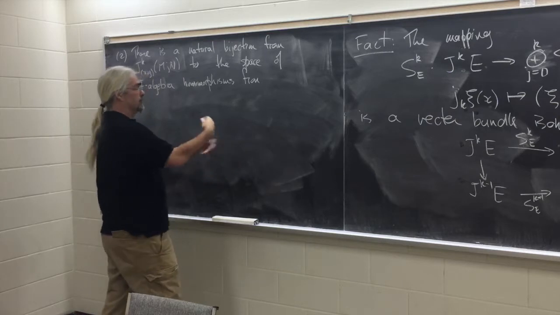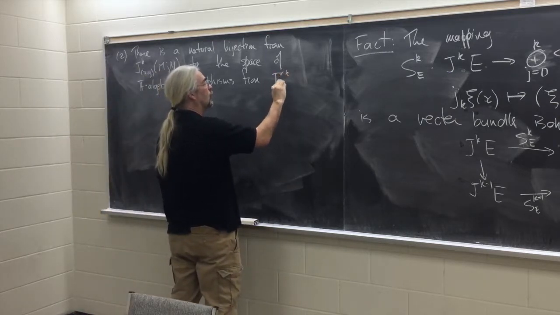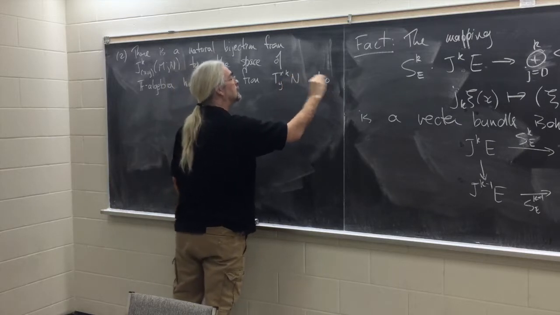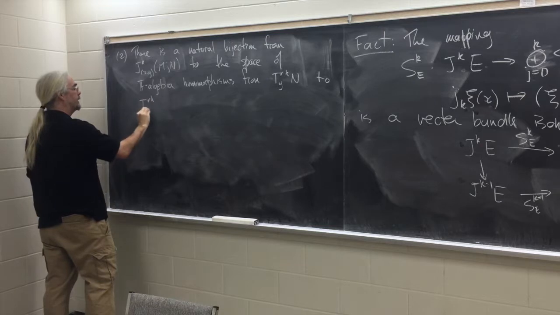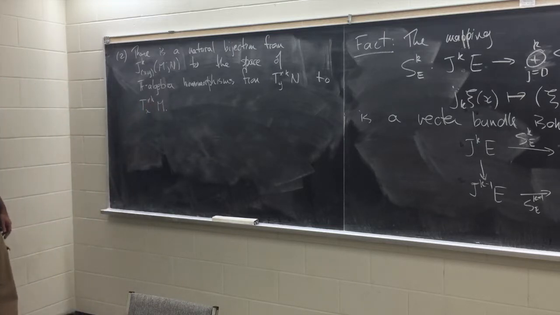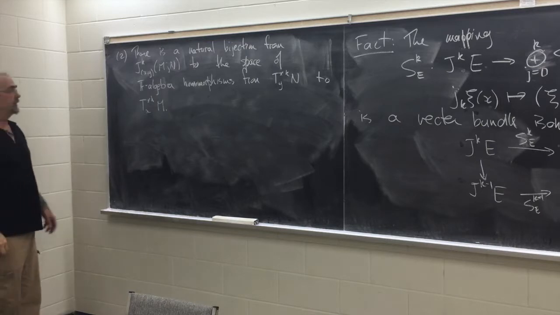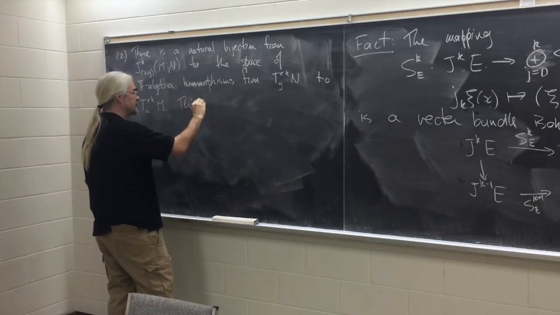And it goes backwards, right? So it goes from T*^k_y N to T*^k_x M. And what is that, or what does that mapping satisfy?